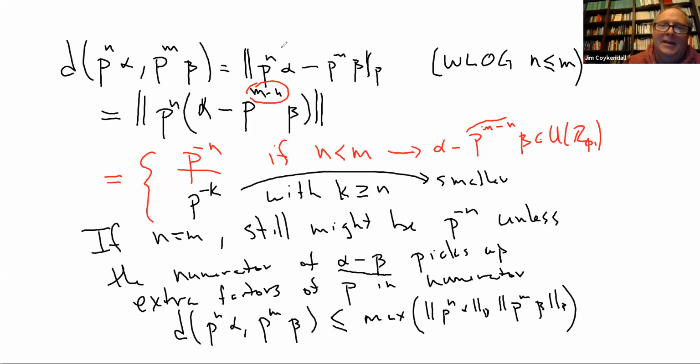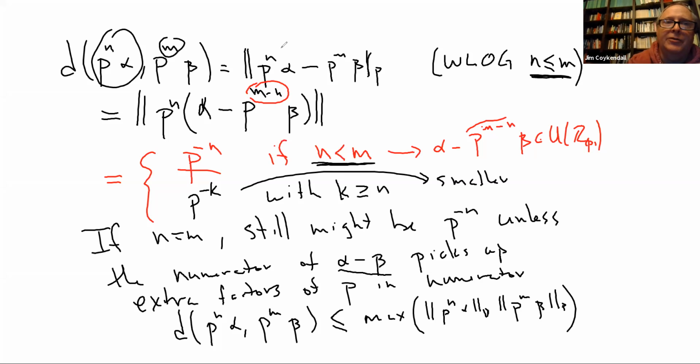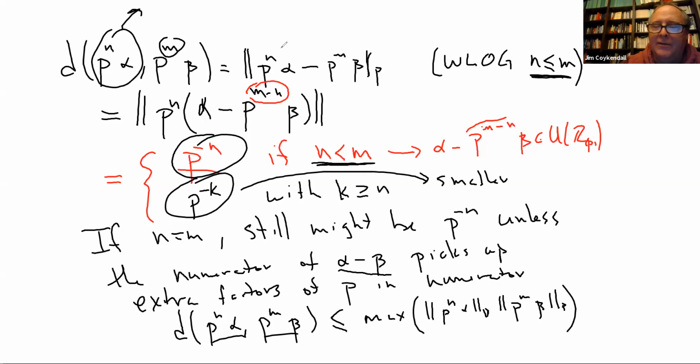Because if n is less than or equal to m, this is the piece that gives you the largest length, because the bigger exponent gives you a smaller output. So this one's the longer one, or maybe it's a tie, but it's at least the longer one, right? And so your output was p to the minus n or smaller. So this is actually less than or equal to the maximum length of the two sides, which is certainly stronger than the usual triangle inequality. I mean, not only is it less than or equal to the sum, it's less than or equal to the max.